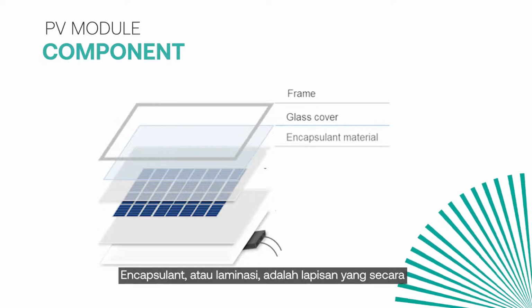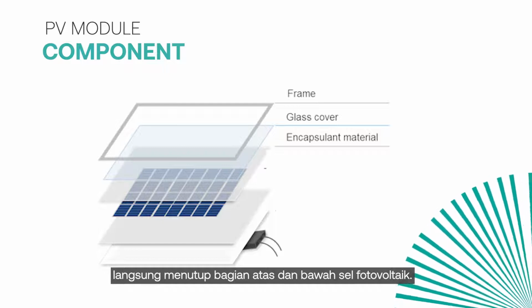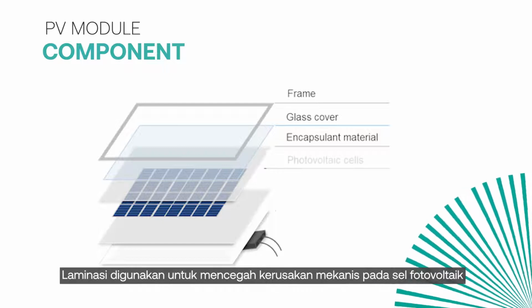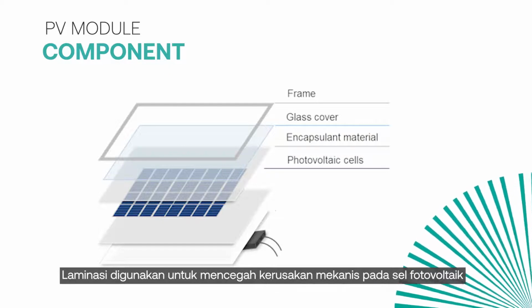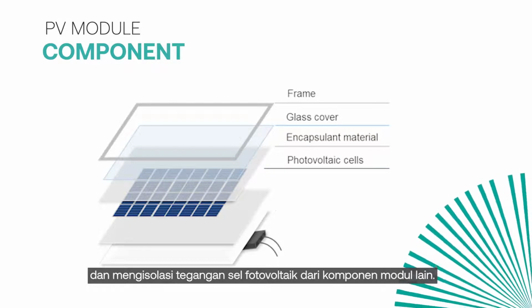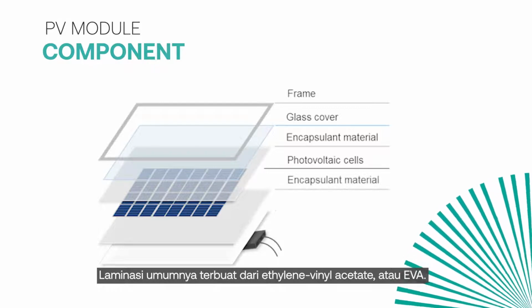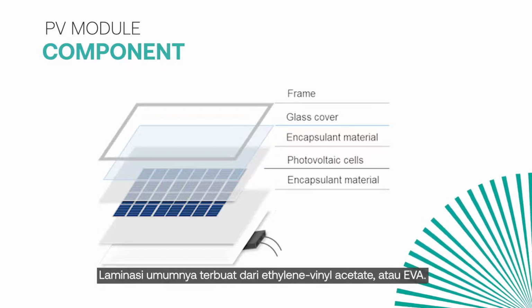Encapsulant or lamination is the layer that directly covers the upper and lower side of the photovoltaic cell. It is used to prevent mechanical damage to photovoltaic cells and isolate the voltage of the photovoltaic cell from other module components. Lamination is commonly made of ethylene vinyl acetate, or EVA.